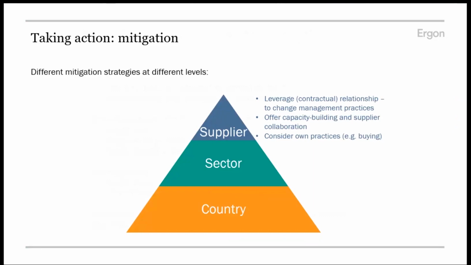So changing their management processes, improving their payment systems, putting more resource into human resource management, for example, and also considering how your own buying practices will impact on how that supplier is implementing labour standards.